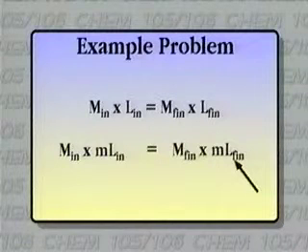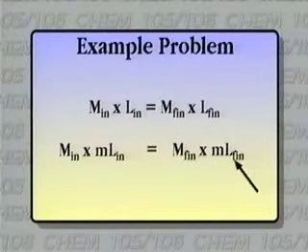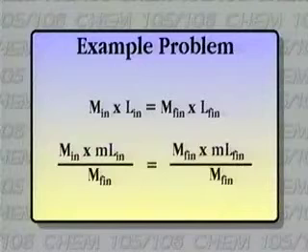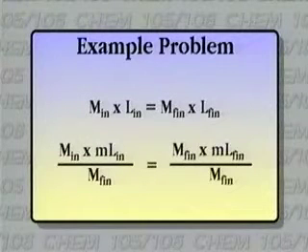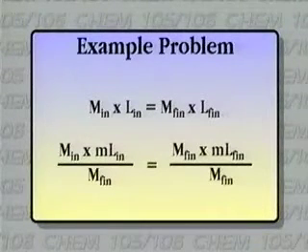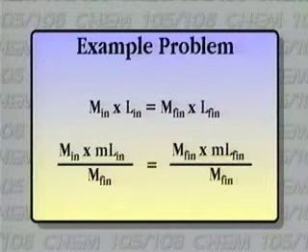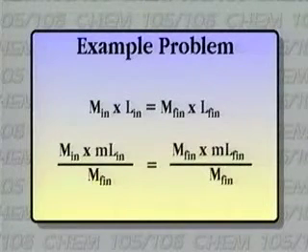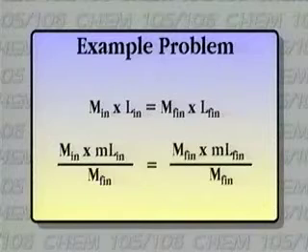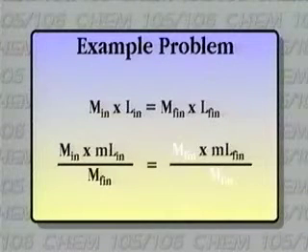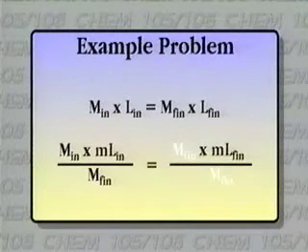And so if we algebraically do this, we would divide this side by M final so that we can get rid of it, and if we do that, we must divide this side by M final. And then we're ready to go.